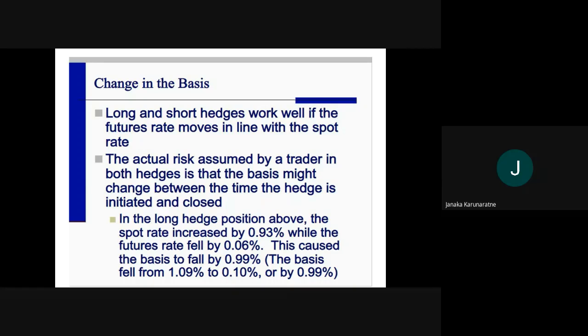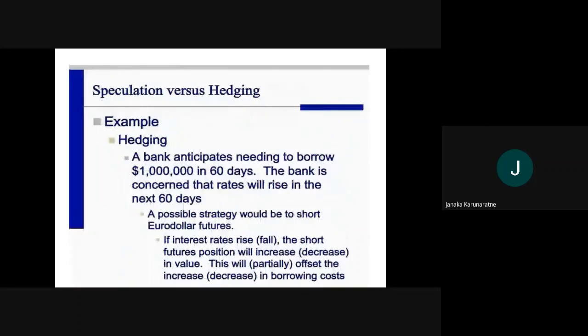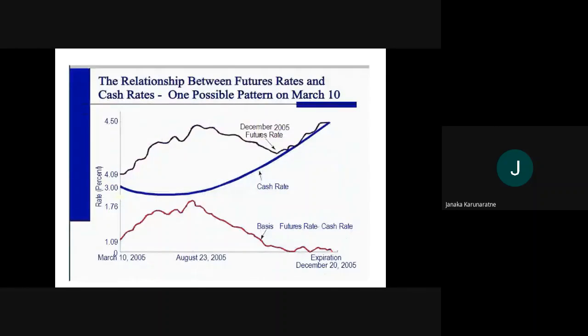If I go back to the graph I showed you earlier, at the beginning of the contract, what is the basis? About 1.09%, but it has gone up to 1.76 by August and gradually declined.